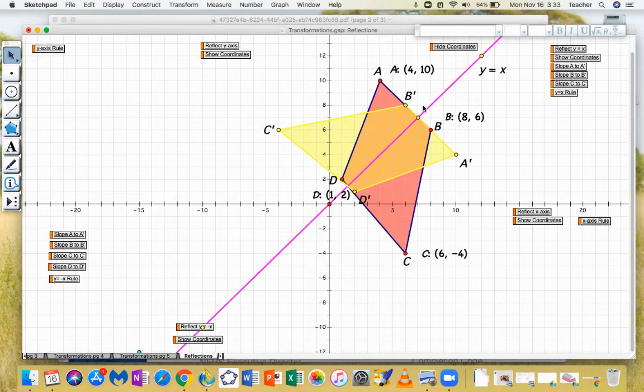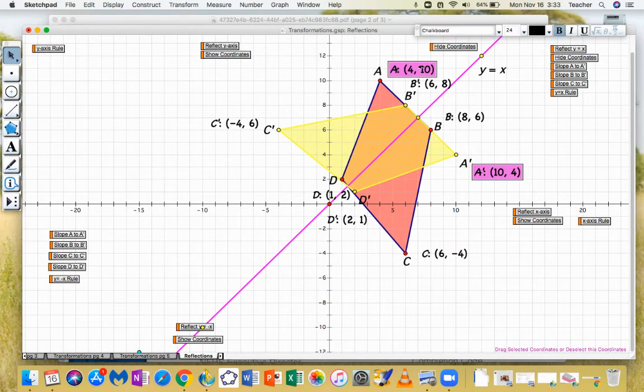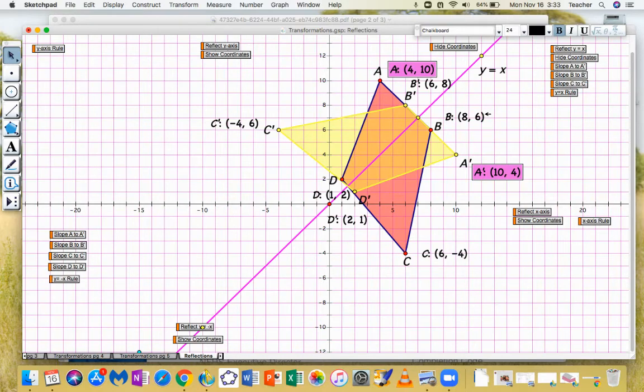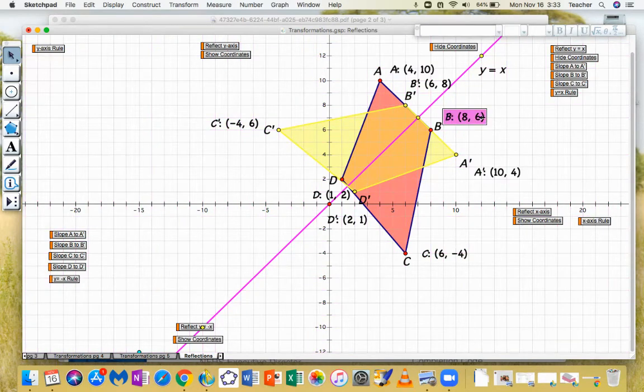But here's the idea. If I find coordinates, this is the shortcut, the rule. (4, 10). I reflect that. Now I get (10, 4). B originally was (8, 6).